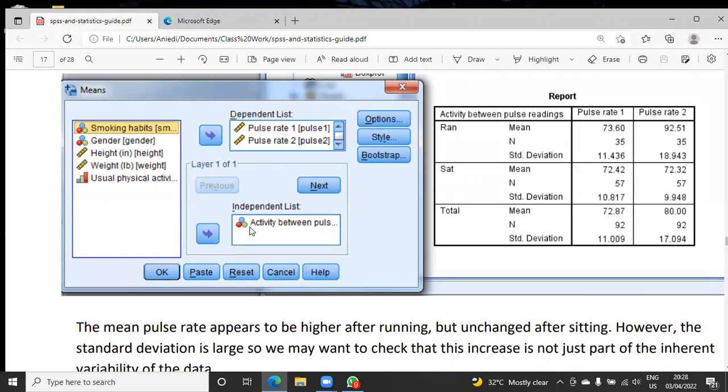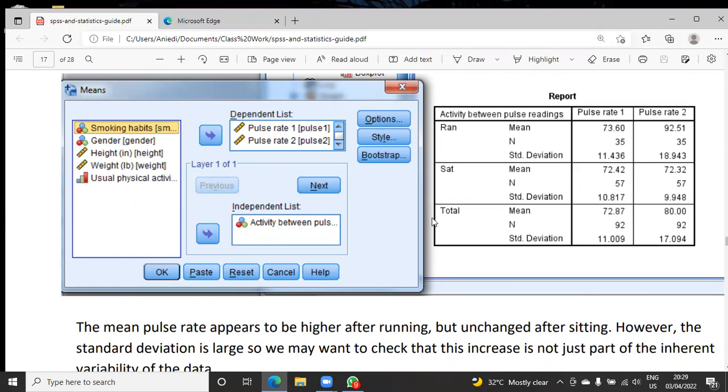Remember I talked about the paired t-test that compares differences. That is the second one, not the independent t-test. The paired t-test compares two different conditions, to see which one contributes more to increase in pulse rate.